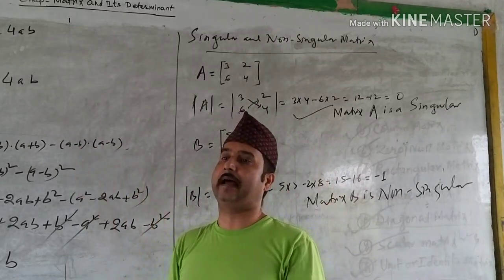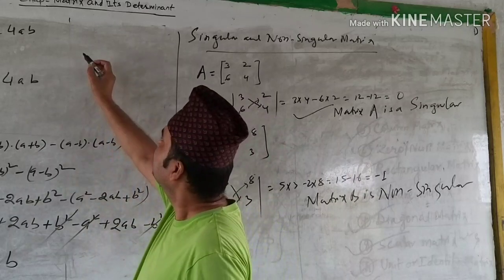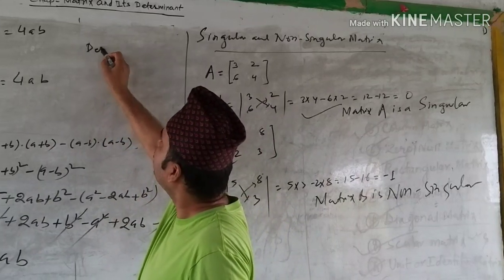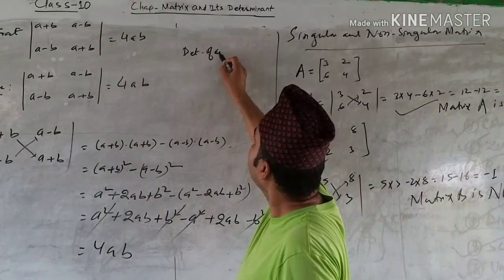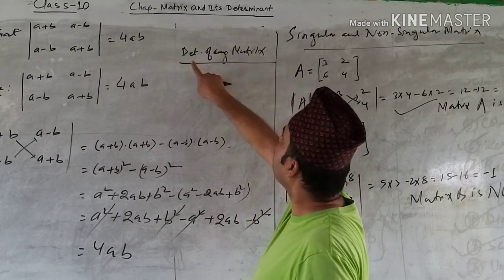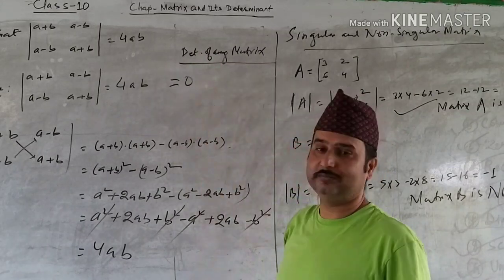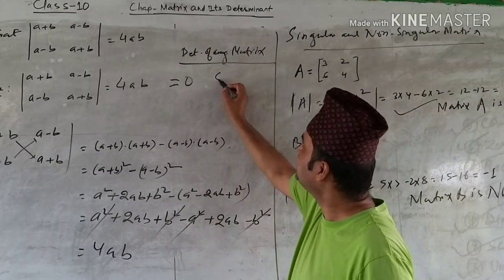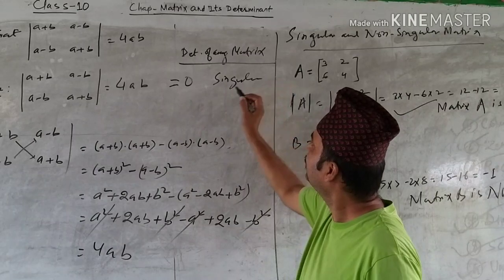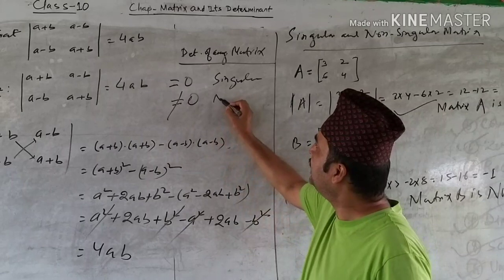How to remember this? Here is a very easy trick. Determinant of any matrix equal to 0, singular. Not equal to 0, non-singular.